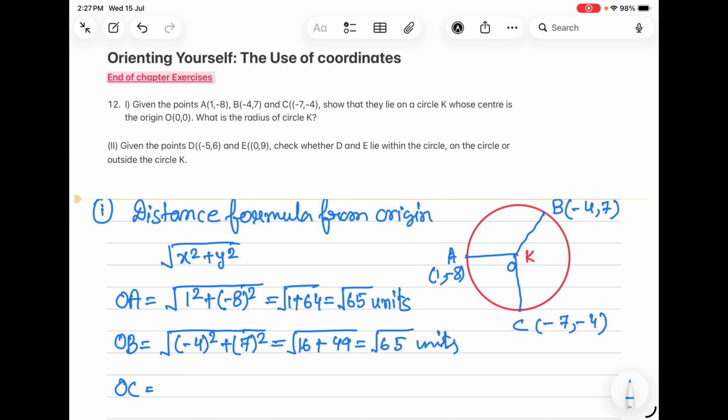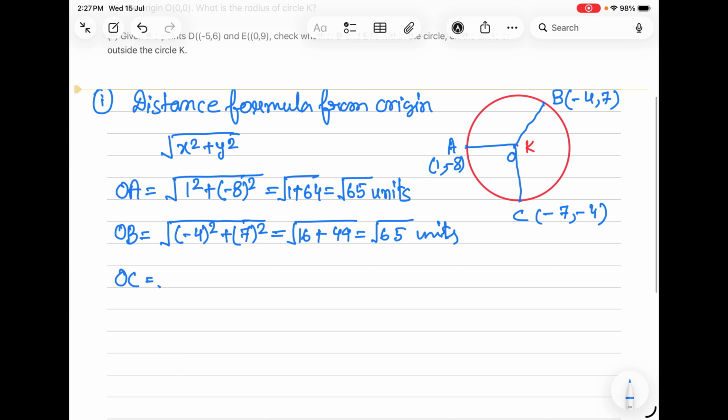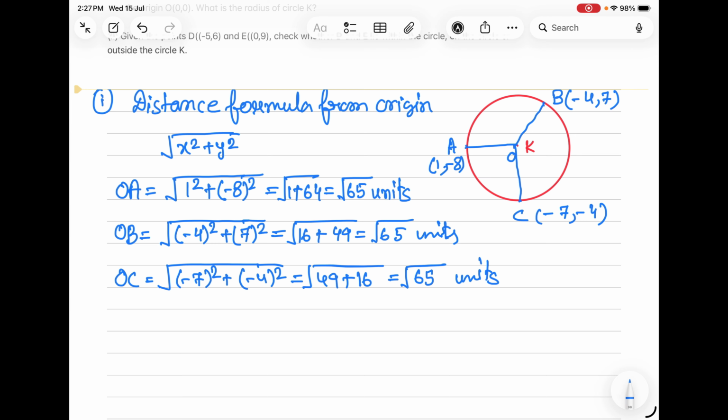Similarly, OC equals square root of minus 7 whole square plus minus 4 whole square, which is 49 plus 16 equals square root of 65 units. Okay, now you see the values of OA, OB, OC are equal, square root of 65 units.